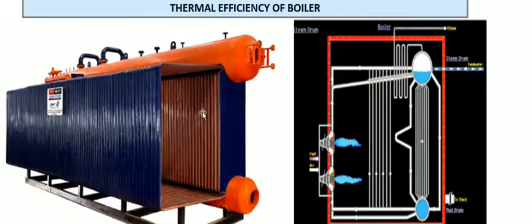So, in order to find out the thermal efficiency of the boiler, why? Because steam energy is the costliest utility we are using in the industry. Even a small steam leak will contribute major fuel losses, because each steam leak is an energy loss, a fuel loss, and then a water loss.